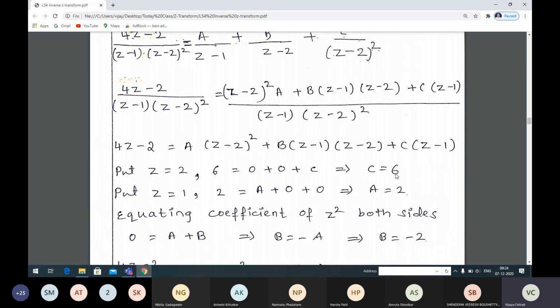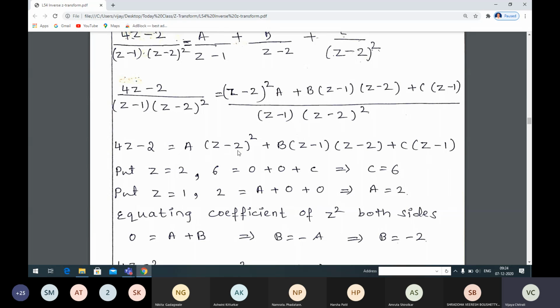Now let us put z = 1. Substitute z as 1: 4 into 1 is 4, 4 minus 2 is 2. On the right side, 1 minus 2 is minus 1, minus 1 raised to 2 is 1, and 1 into A is A. Once again, in place of z we are substituting 1.